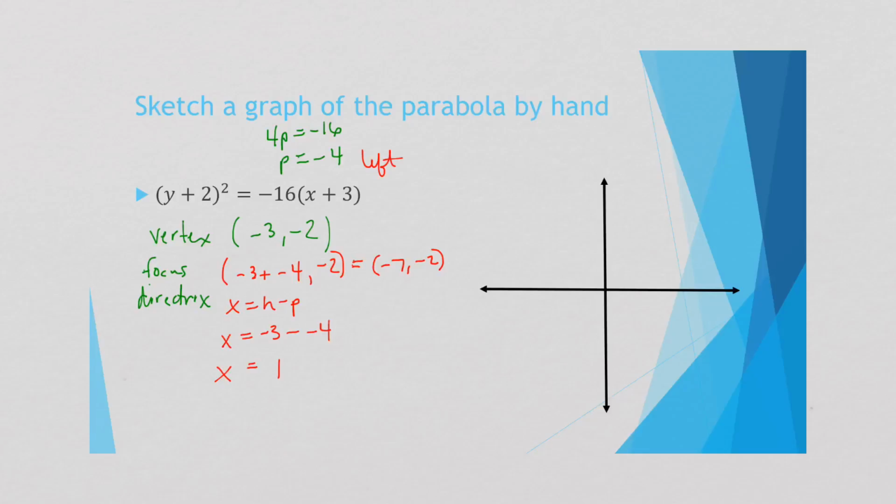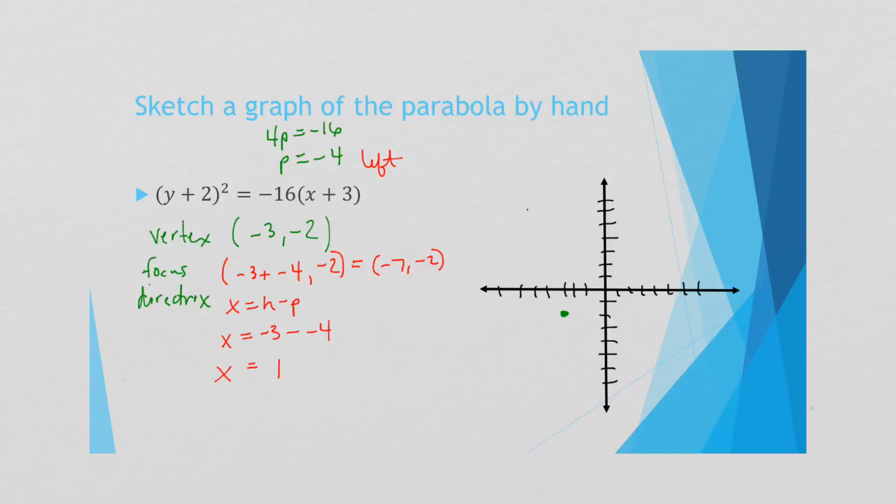And now I have some things I can draw. First thing I would do, get my axis going. So we want to plot our points. First our vertex is at -3, -2. So here's my vertex.